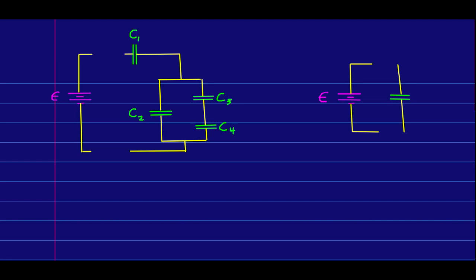Now, suppose we have some fairly complicated system of capacitors like so, and we have a battery that we're about to connect to it. You see, I haven't made the final connections. Well, as we make those final connections, charge is going to move. Charge is going to be pulled through the battery. And so in the end, there's going to be some amount Q1 on capacitor 1, Q2 on capacitor 2, and so on.